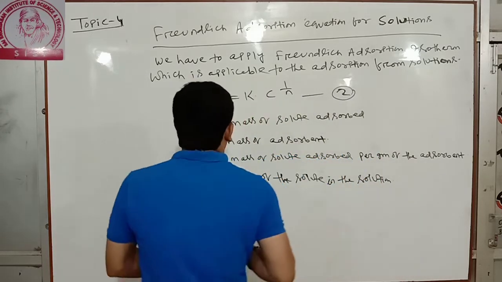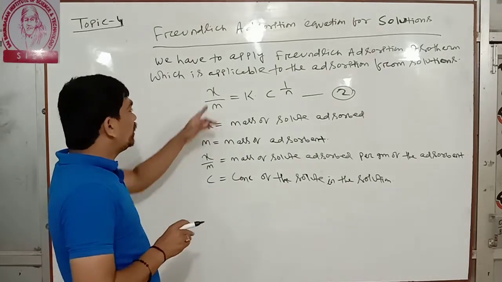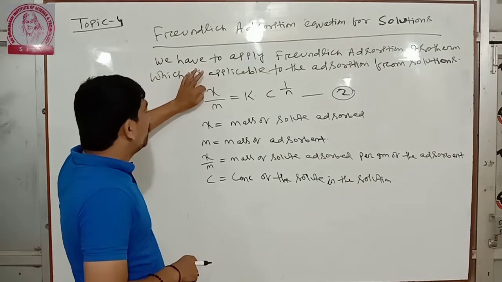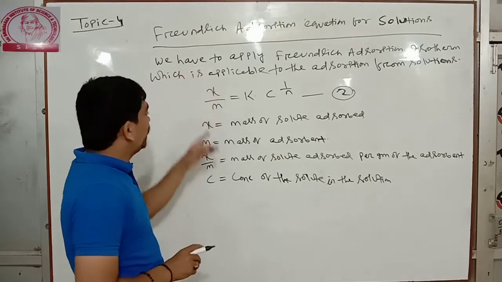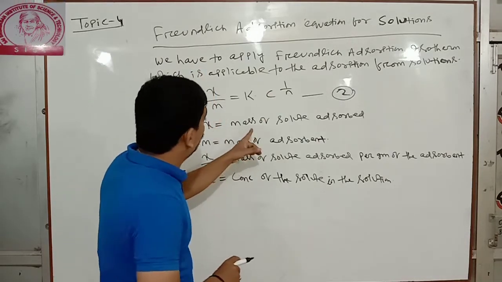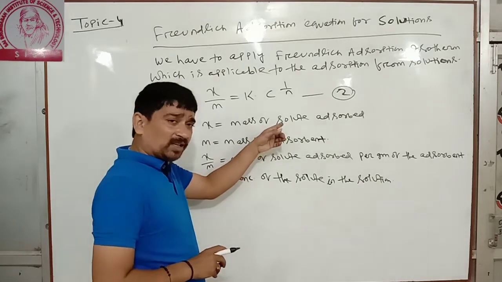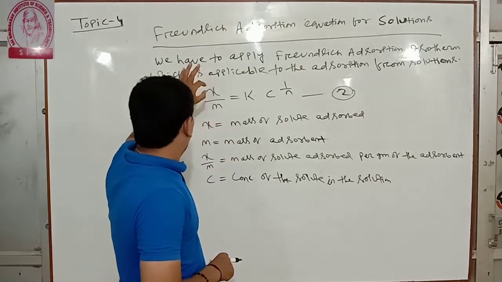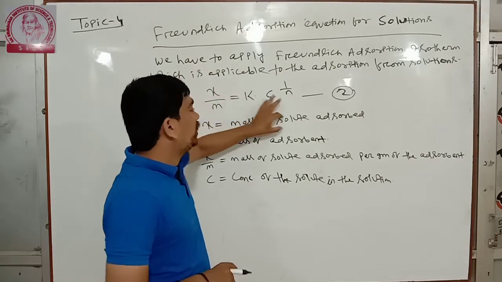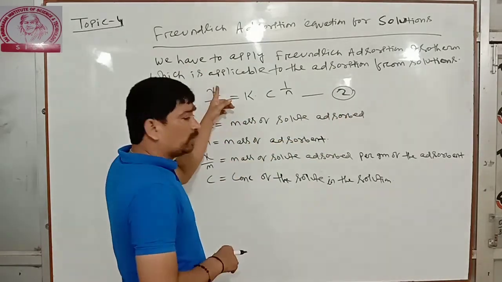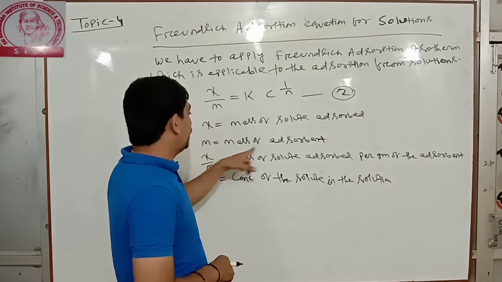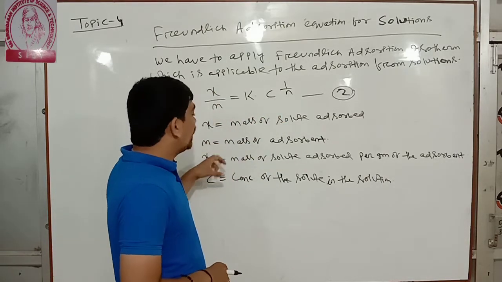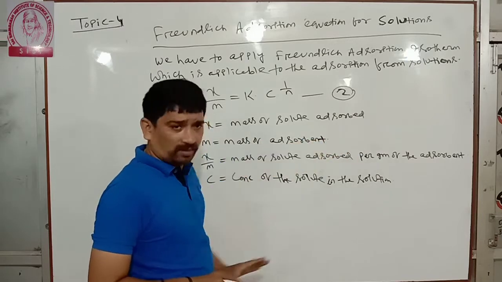Look at the previous equation and this equation, what is the difference? Only c. Here x is the mass of solute adsorbed, m is the mass of the adsorbent, and x by m is the mass of solute adsorbed per gram of the adsorbent.